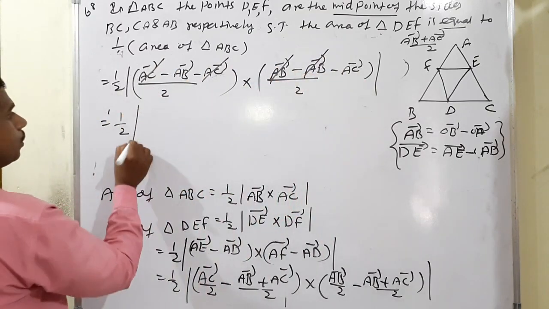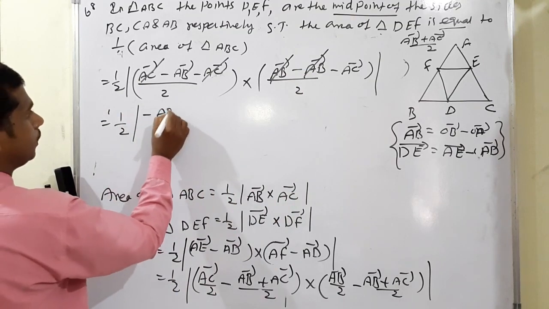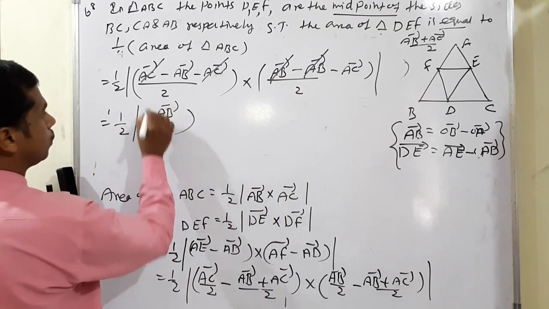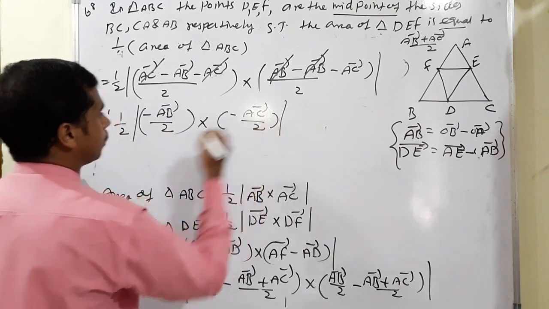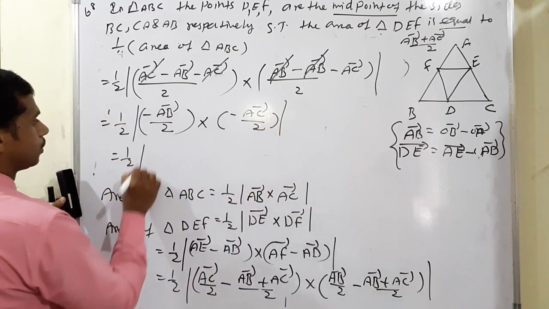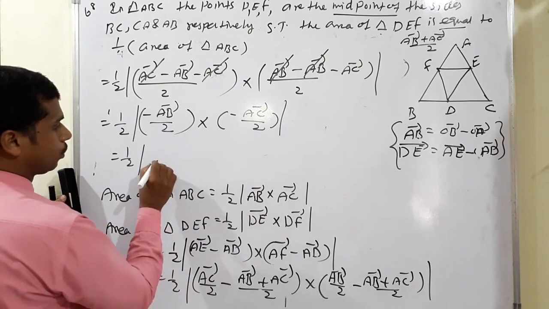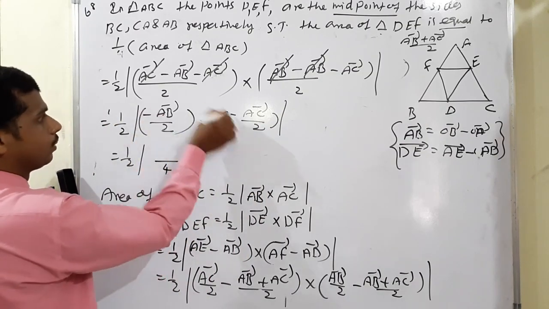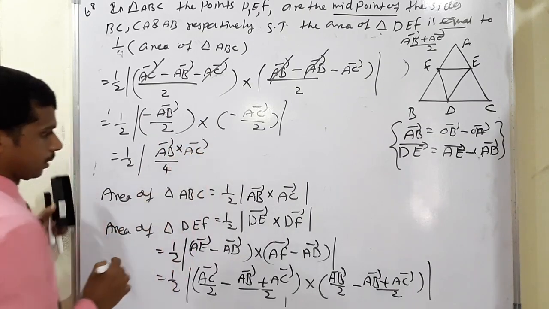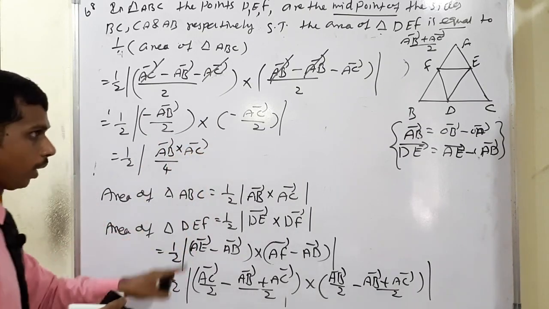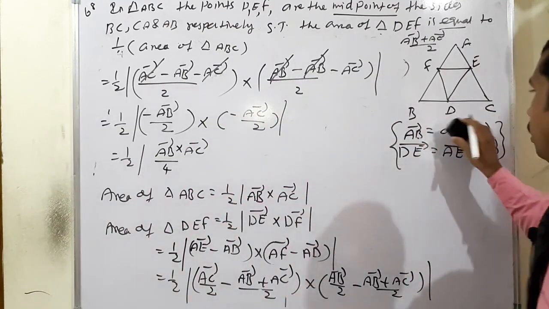Again 1 by 2 modulus, minus AB vector divided by 2 into minus AC vector divided by 2. Again 1 by 2, common denominator 2 means divided by 4, minus into minus plus, we can write it AB vector cross AC vector. This line we need, these two lines we need, that's why I will write it here.